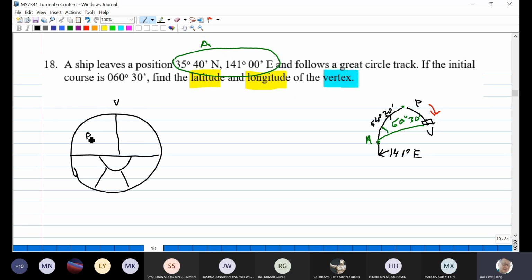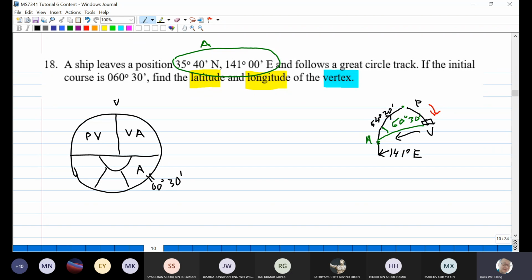Then VA, which I also don't know yet. Then angle A, which we know is 60 degrees 30 minutes.